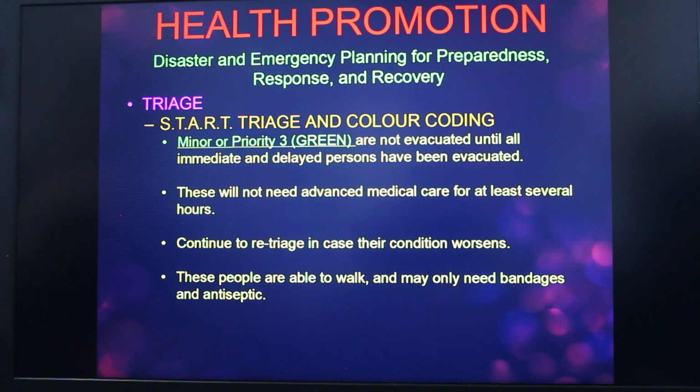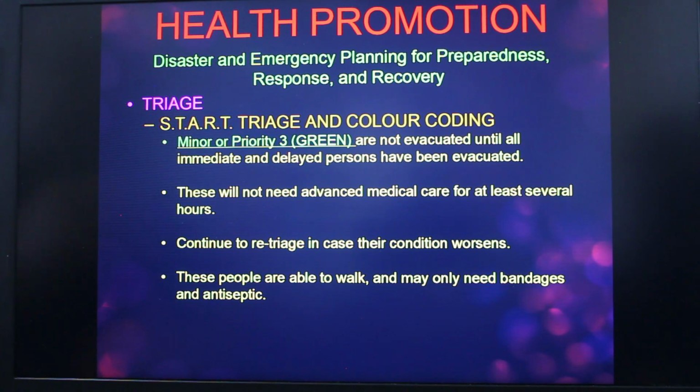Consider that the first time you see a patient, they may have internal bleeding, but it's not very obvious at the first moments of the disaster. But as time goes by, the patient will be bleeding more and more, and after maybe 2 or 3 hours, the amount of bleeding will compromise his life.